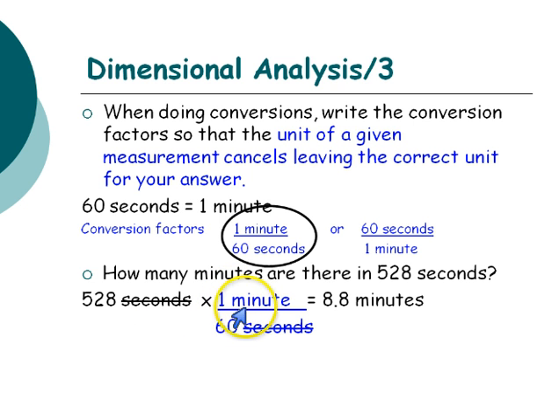The seconds cancel out. It gives us minutes, and it answers the question, how many minutes are there in 528 seconds? Now we just do the math. Even though this is a multiplication, when it's below this line, you divide. So you get your calculator and you put in 528 divided by 60 equals 8.8 minutes.